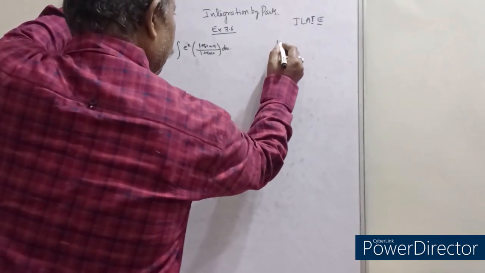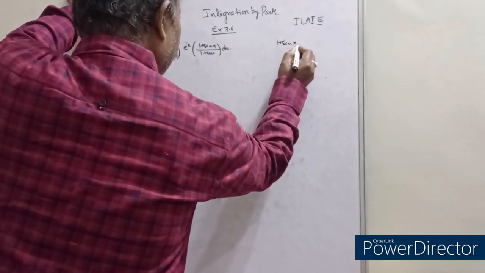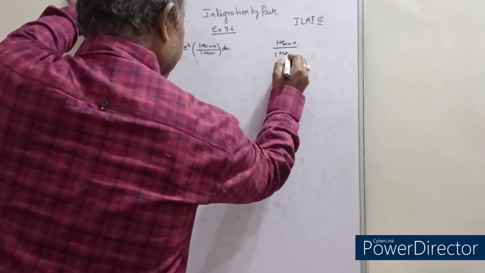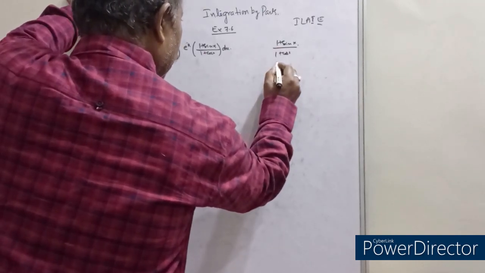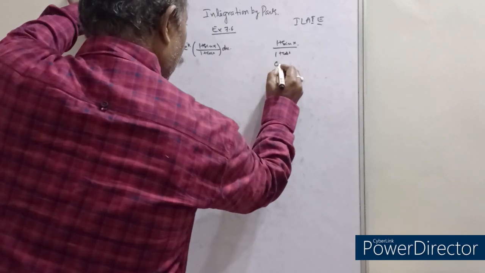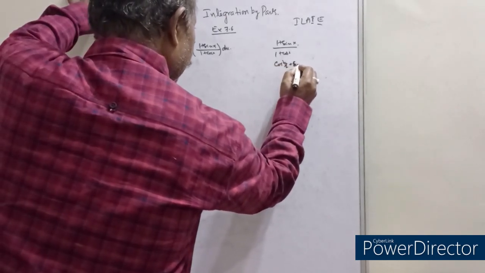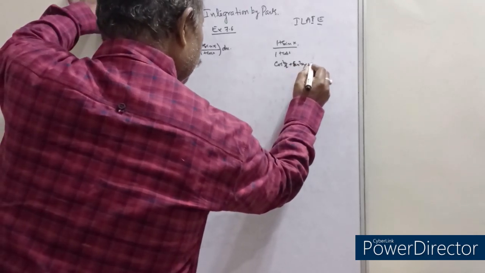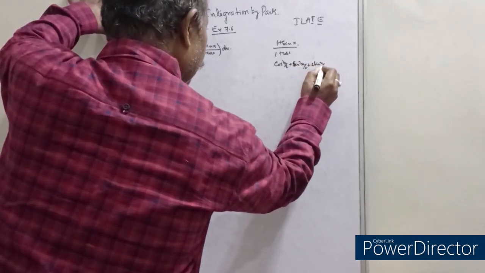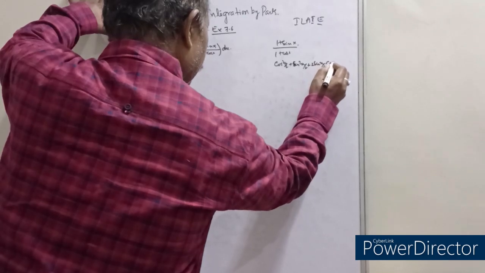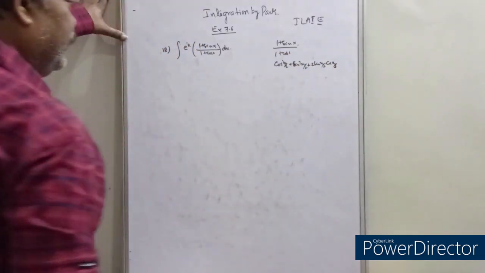So you know that 1 plus sin x by 1 plus cos x is cos square x by 2 plus sin square x by 2 plus 2 sin x by 2 cos x by 2, because 1 can be written like this.